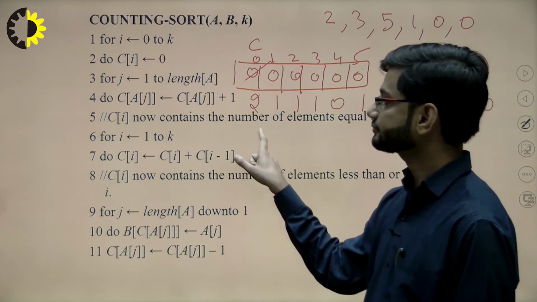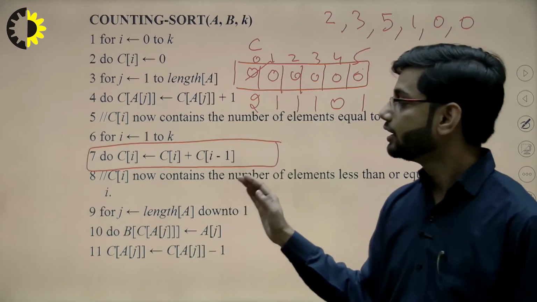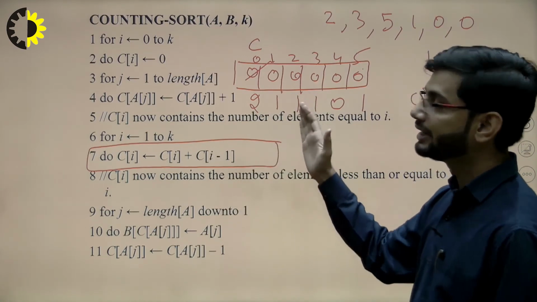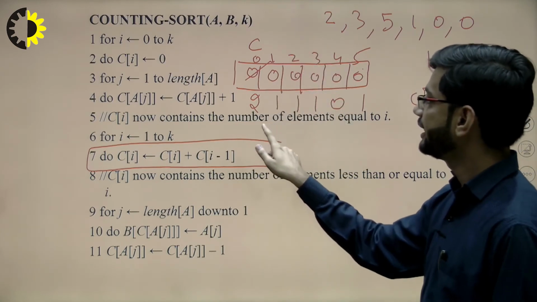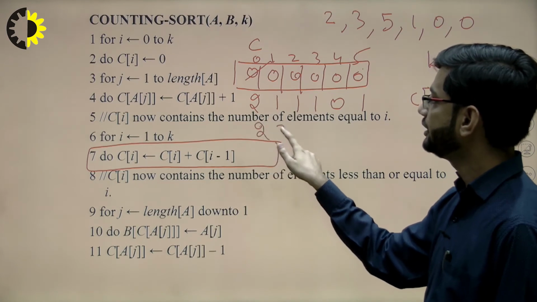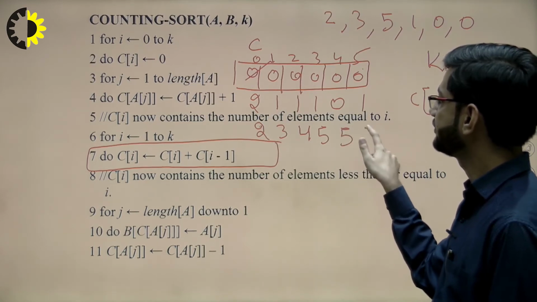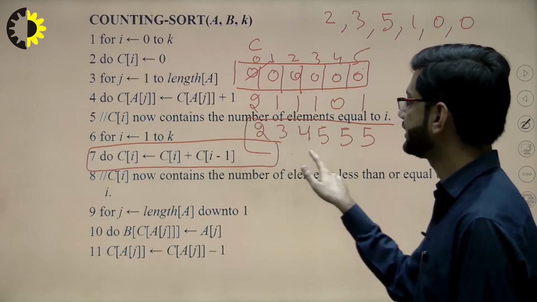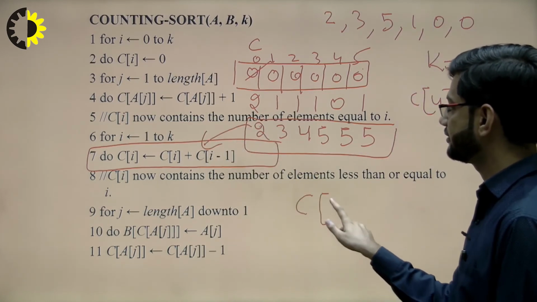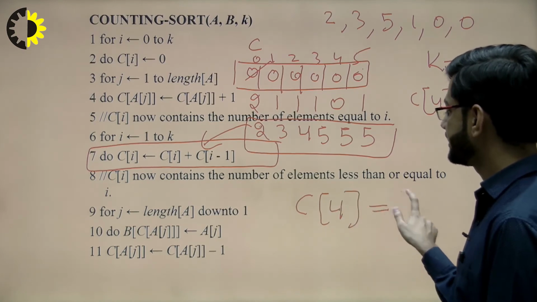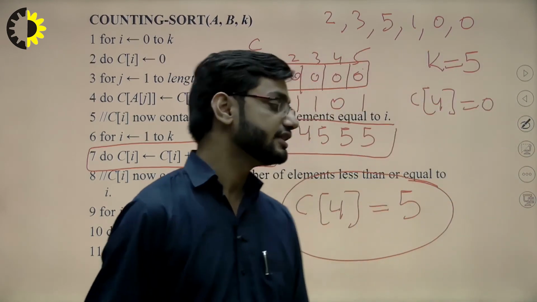Next is C[i] = C[i] + C[i-1]. What it is doing is storing the cumulative frequency of the elements. For example, the cumulative frequency will be 2, 3, 4, 5, 5 and 6. This will be the cumulative frequency by this formula. Now if the value of C[4] is 5, what does it mean?